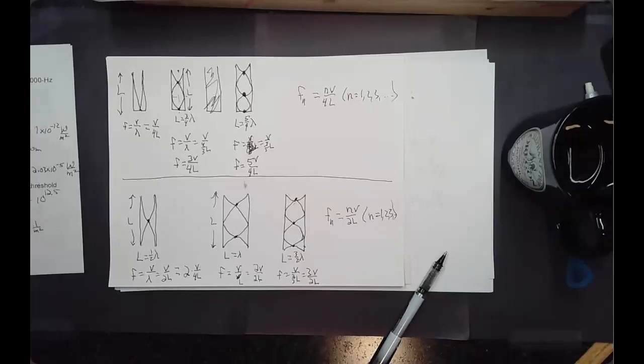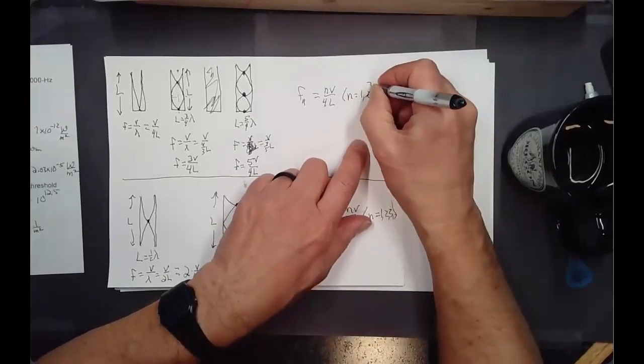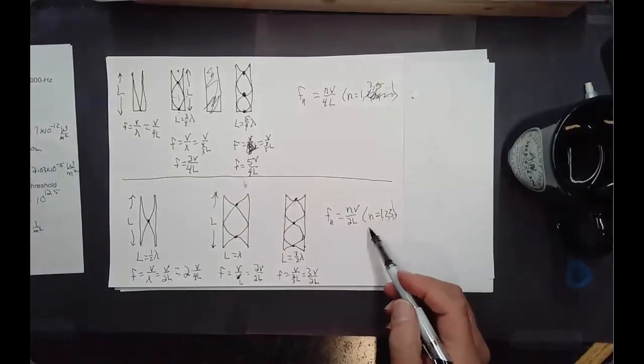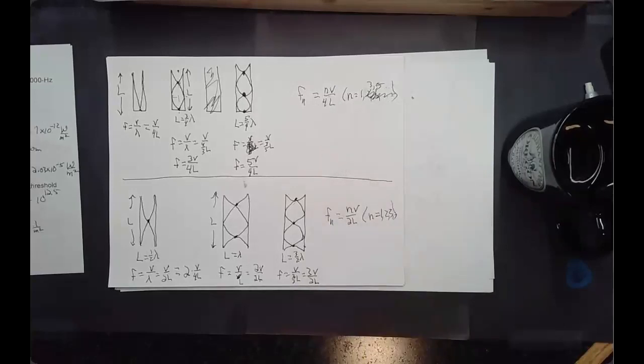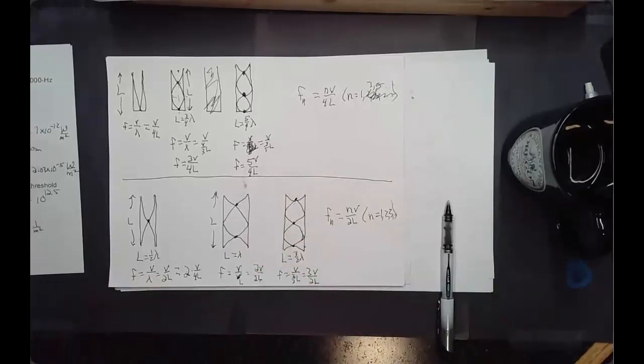Oh, yeah, on the one up here, I should have had just odd numbers, 1, 3, 5, and so forth. So this one has all the numbers on it, but this one only has the odd multiples of the fundamental frequency. Okay, that was something that bothered me. So fix that if you wrote it down that way.